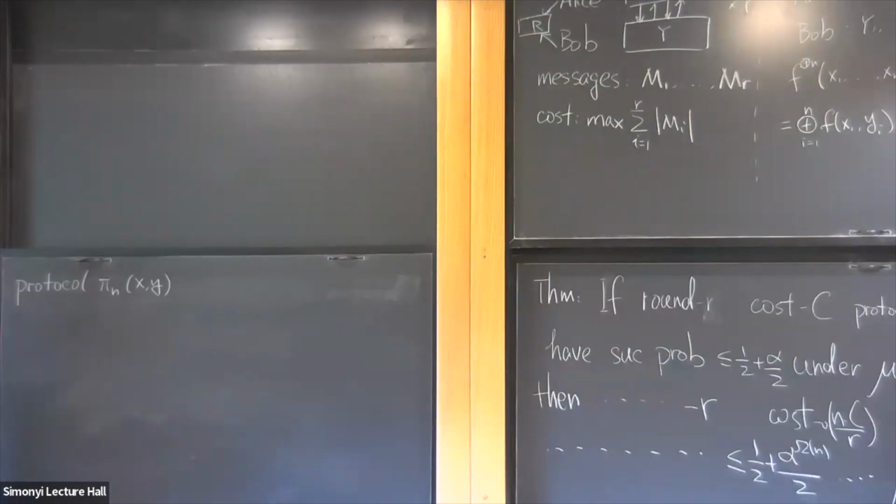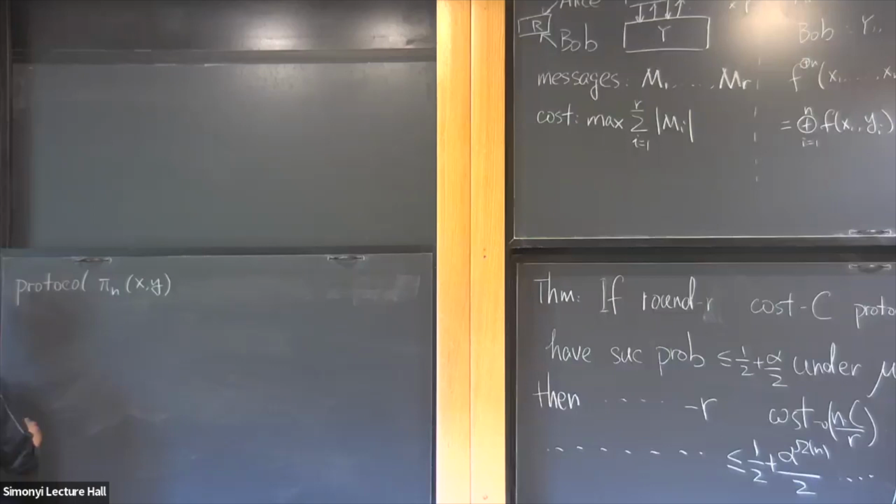And then from the output of the big protocol pi, they're going to try to figure out the f value for that particular coordinate. Recall that we are working with information complexity, so running pi itself involves a lot of communication, but that's fine. We'll show that because now the input is smaller, the information cost is actually not as large.